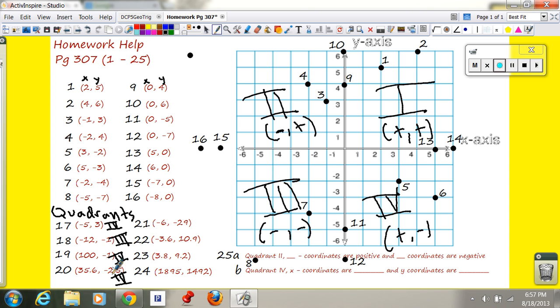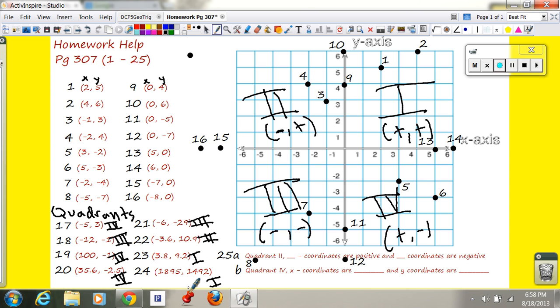Just a positive number, then a negative number is always going to put us in quadrant 4. Two negatives are always going to put us in quadrant 3. A negative and then a positive is always going to put us in quadrant 2. Positive, positive is going to be right at the beginning here. Over positive, up positive, that's 1. And another 1 right here. These are both positives. It's a good thing we don't have to plot those.